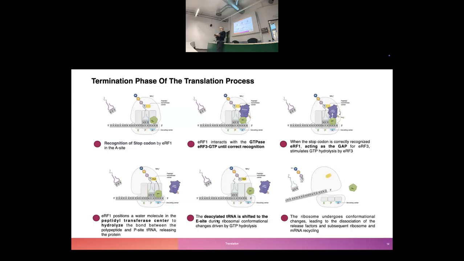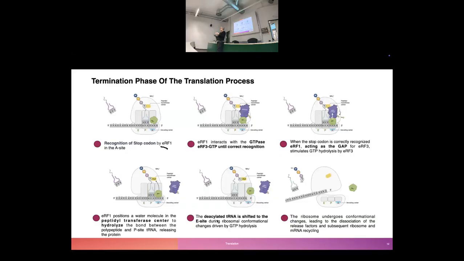So the stop factors are with this type of name, where the E stands for eukaryote. That was the same thing also for the initiation and the elongation factors. So the E is just to differentiate the mechanism and the regulation of eukaryotic ribosomes with respect to prokaryotes. Prokaryotes have other names and thus slight differences, okay?